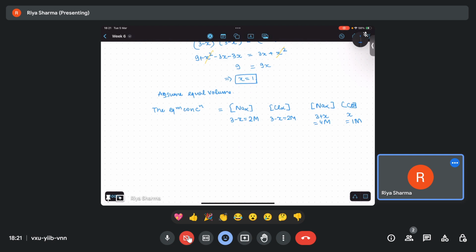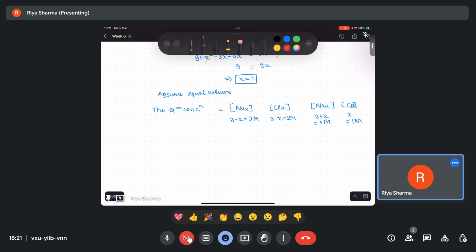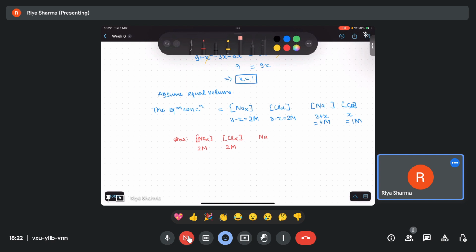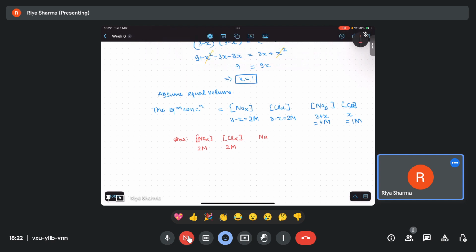So if I write it in answer form, this will be the answer: Na in alpha is equal to 2m, Cl in alpha is equal to 2m, Na in beta phase is equal to 4m, and Cl in beta is equal to 1.